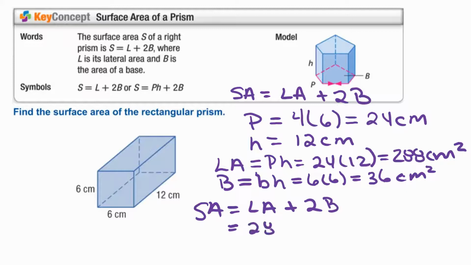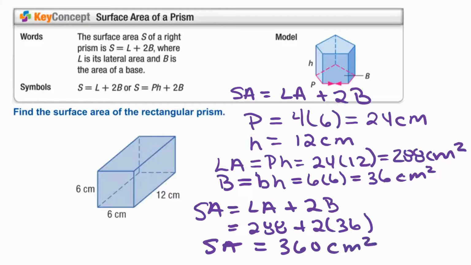So 288 plus 2 times 36, which would give us a surface area of 360 centimeters squared.